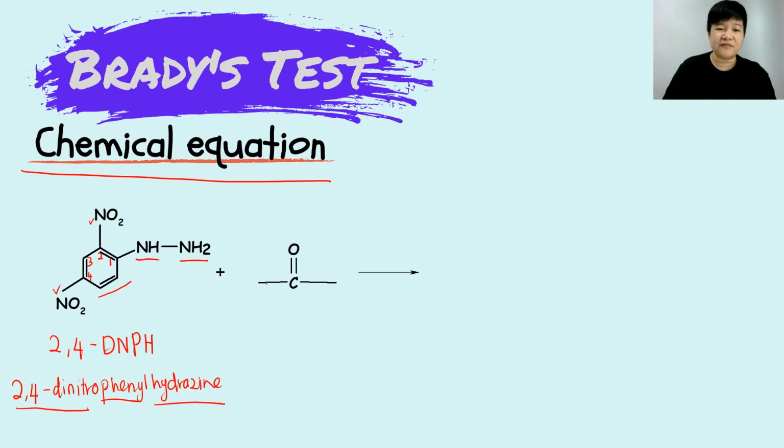So you have your 2,4-dinitrophenylhydrazine. And definitely it is about the presence of the carbonyl group, so that is your carbonyl group, your C double bond O. And the groups involved over here are quite simple. It's between the NH2 that you have and also the O that you have. Okay? So let me expand the NH2 first.